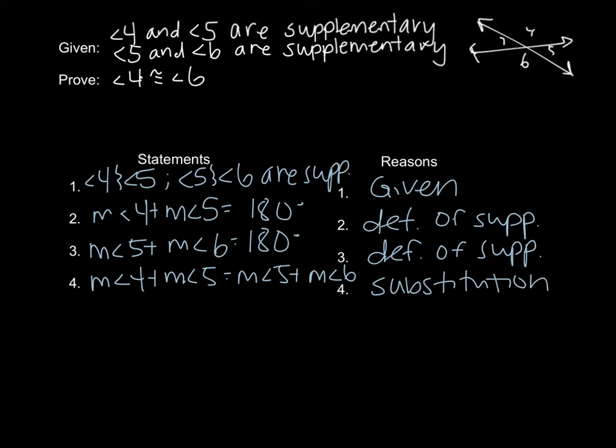I think you can see where we're going from here. 5 and 5. All right, I notice that I have measure of angle 5 on both sides, so I end up getting measure of angle 4 equals the measure of angle 6, and that's just by addition or subtraction.